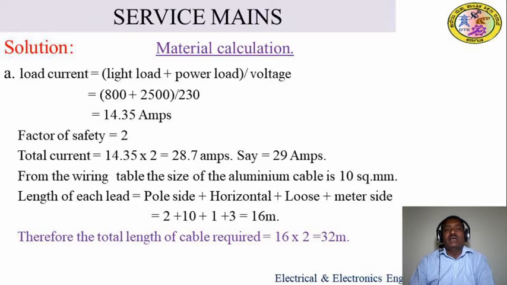So that is 800 plus the power load of 2.5 kilowatt, which we multiply by 1000 to convert into watts, so it comes to 2500 watts. 2500 watts plus 800 watts gives 3300 watts. Divided by 230, you will get 14.35 amps. So this is the current for the existing load.